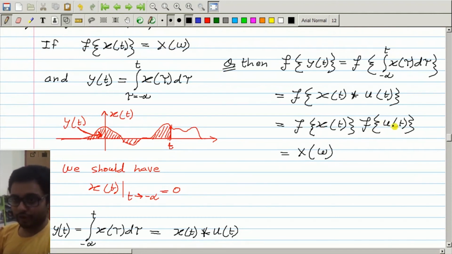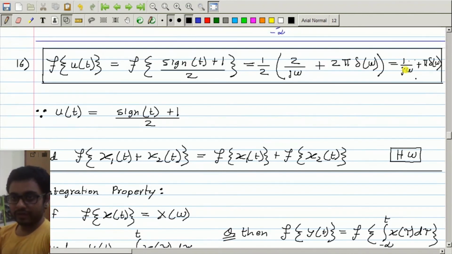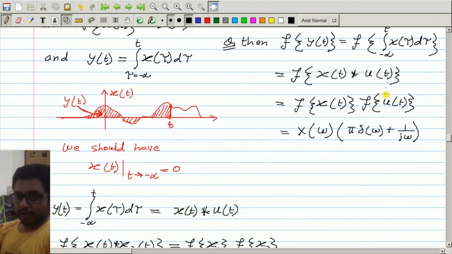And Fourier transform of unit step function is what we have calculated just now. It is pi delta omega plus 1 over j omega. Now you may simplify this a bit.